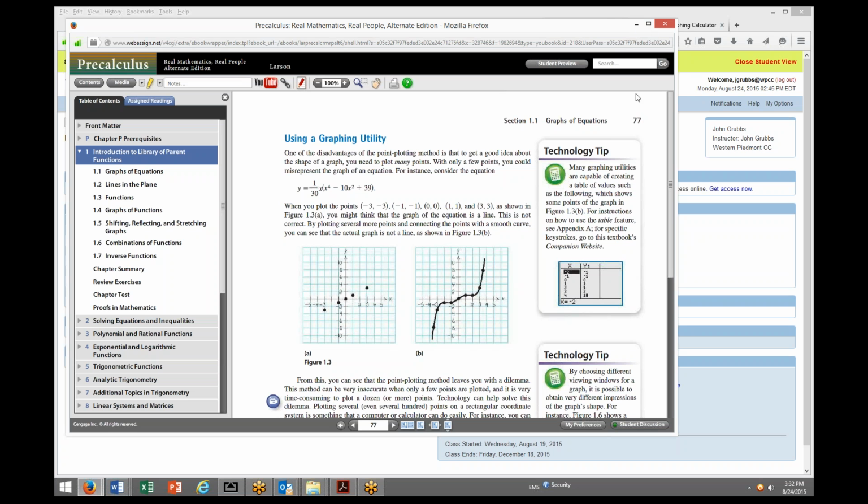One thing the text emphasizes quite a bit, I'm not emphasizing that much with you, is setting the window, how you define the window of your graph, and that can be very key in certain problems, but it may or may not be depending on the problem.